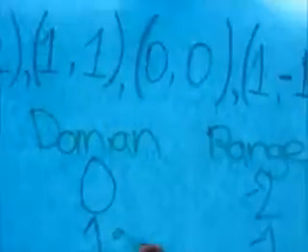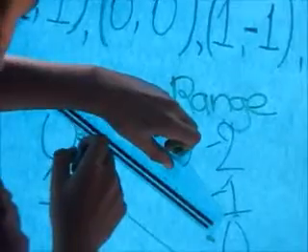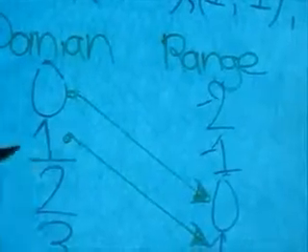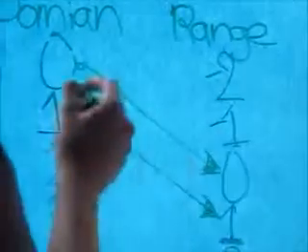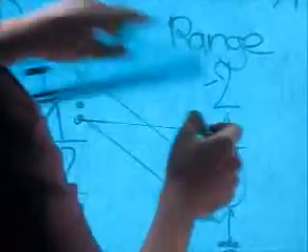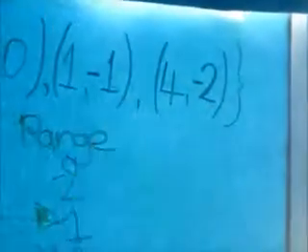Here both are 0, so this here. The +1 is the domain, and -1 is the range. Four is the domain, and -2 is the range.